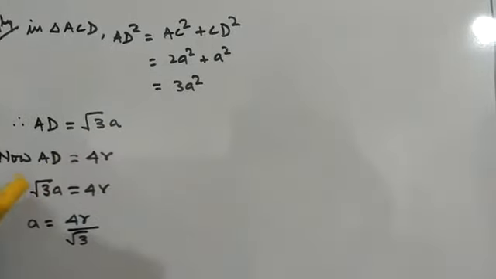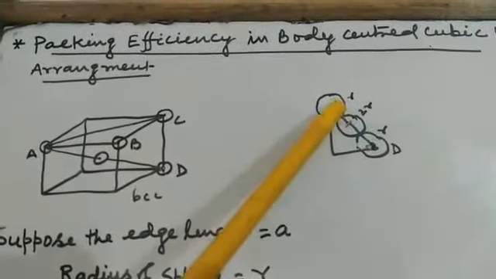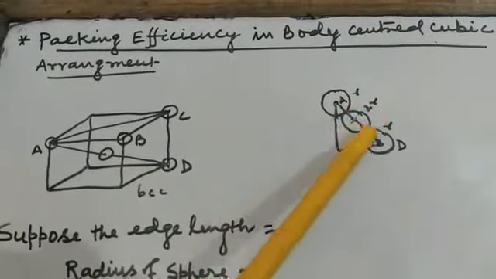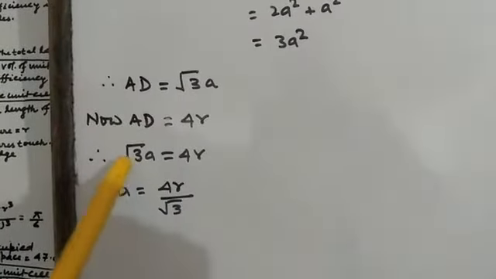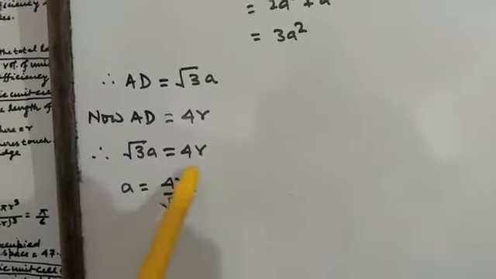Therefore, AD equals root 3 A. Now our body diagonal AD is equal to R plus 2R plus R, that is 4R. So 4R is equal to root 3 A, or A equals 4R by root 3.